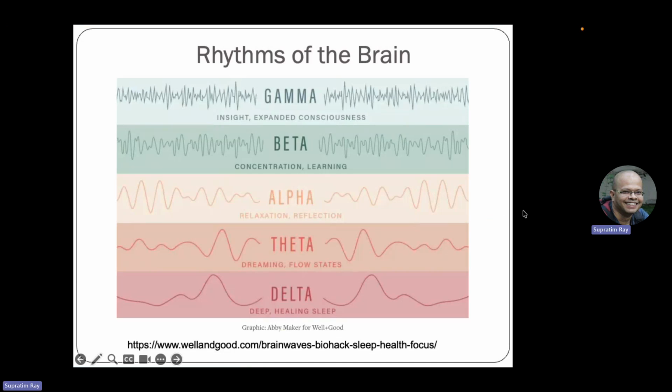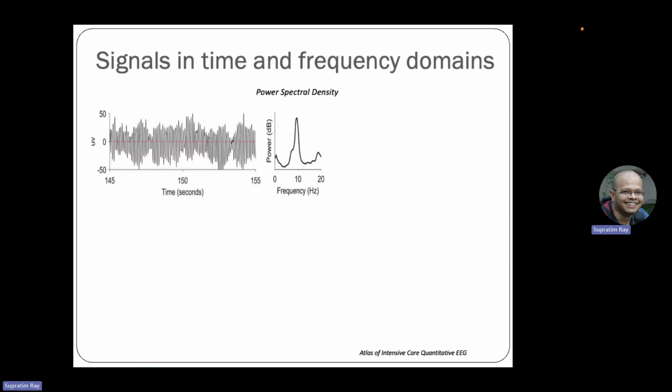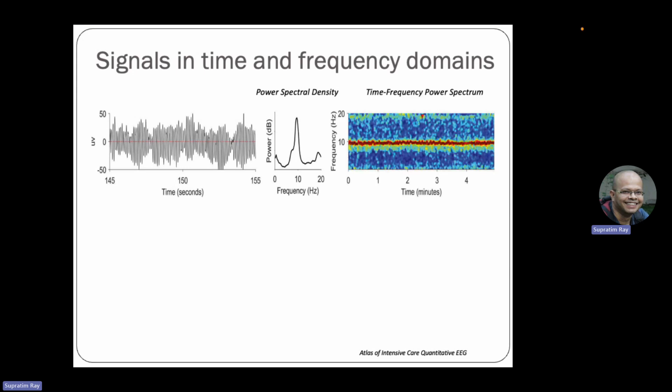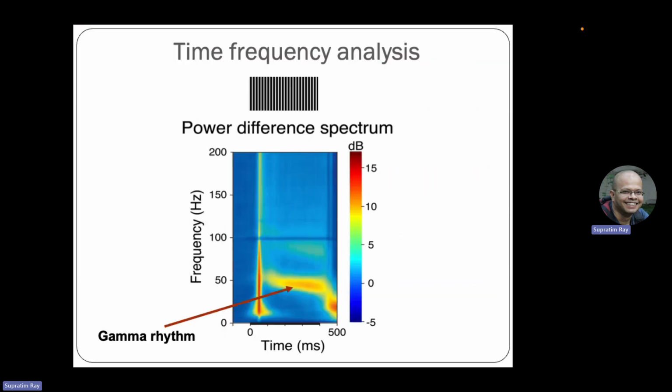So we were looking at brain waves, mainly gamma waves, because they're related to all these cool things. Without explaining how to plot this, I told you about power spectral density and time-frequency plots. We'll spend a lot of time figuring out how to plot these later in the course.